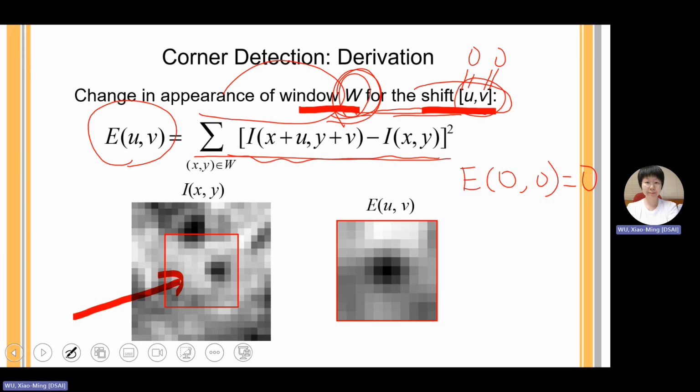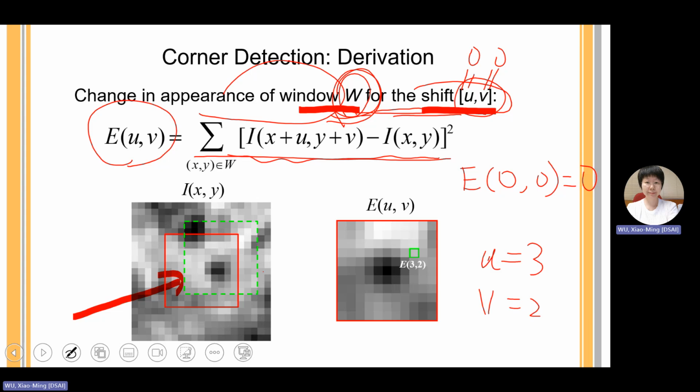Now we will compare the pixel values within this red window and those within the green one. Say we shift the window horizontally by 3 pixels and vertically by 2 pixels, so the window is shifted from the red position to the green one.